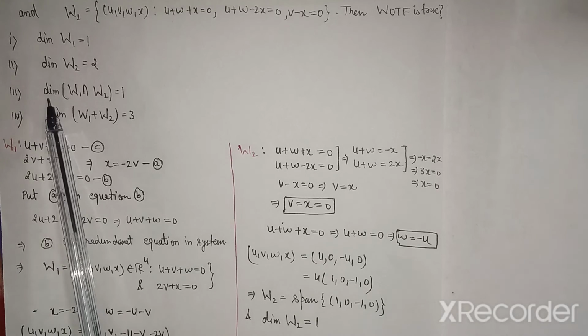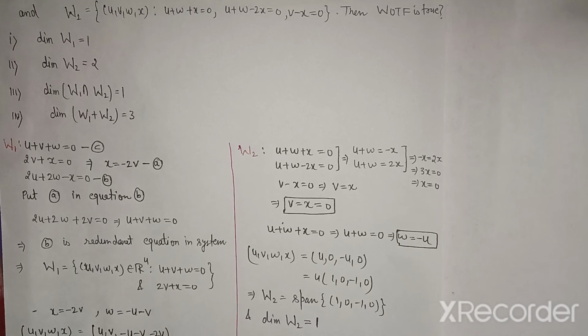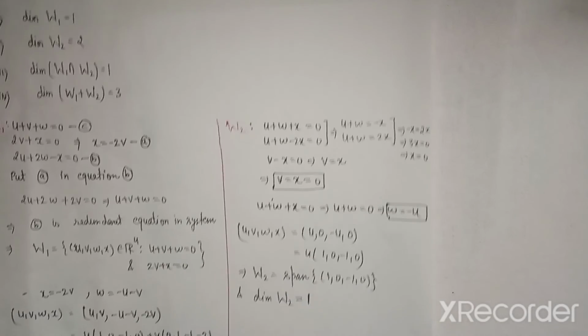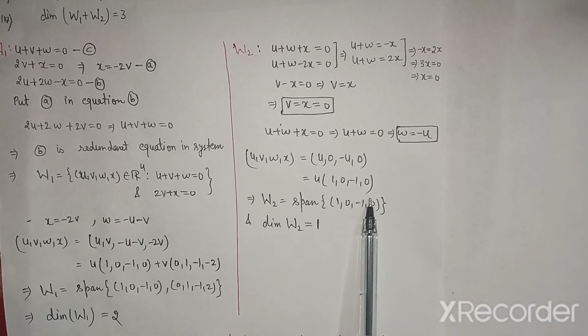Now the third option is about the dimension of W1 intersection W2. We have the basis of W1, these two vectors, and the basis of W2, this one. So they contain only one common vector.